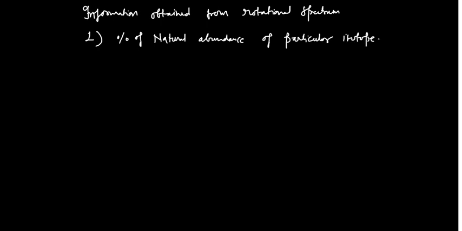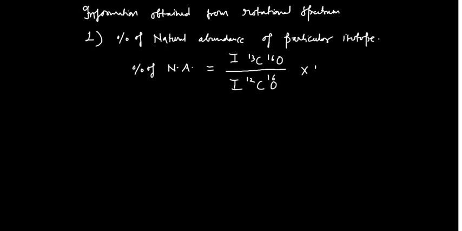For this you have the formula. Percentage of natural abundance, I am writing Na, equals the intensity of the heavier isotope, say for example you are doing carbon monoxide and the oxygen is the same, divided by the intensity of the lighter isotope peaks, oxygen remaining the same, multiplied by 100.